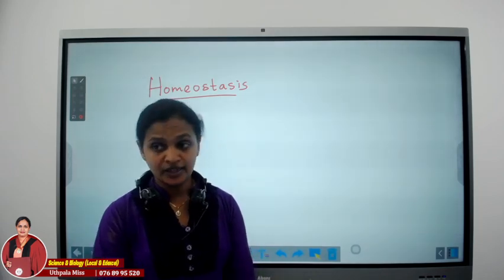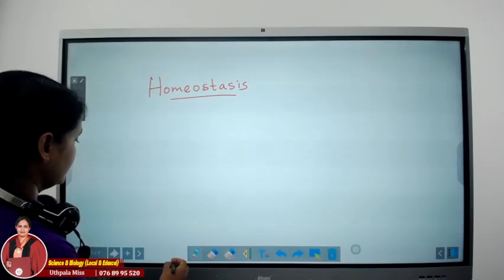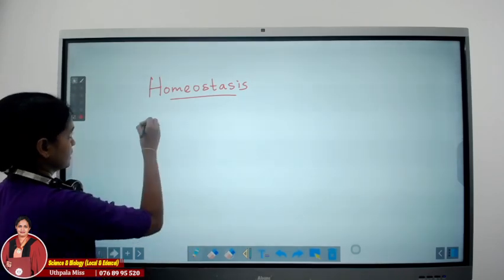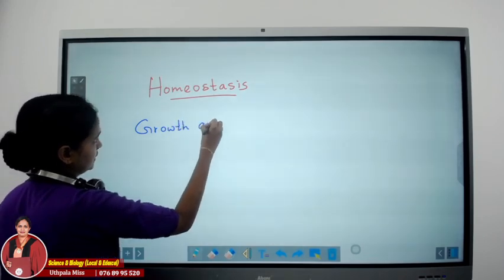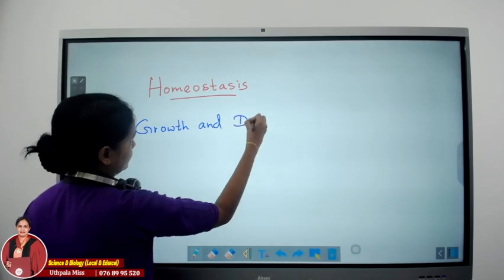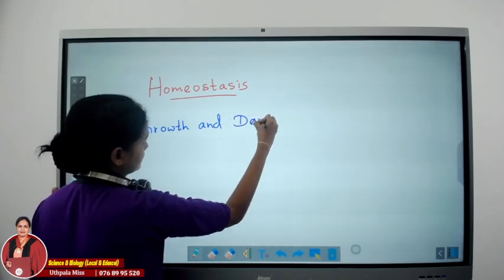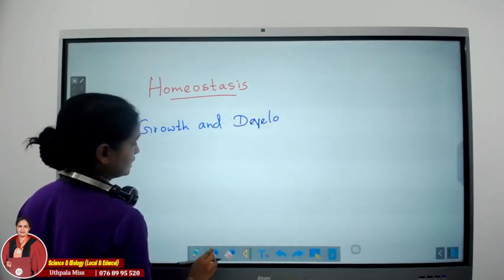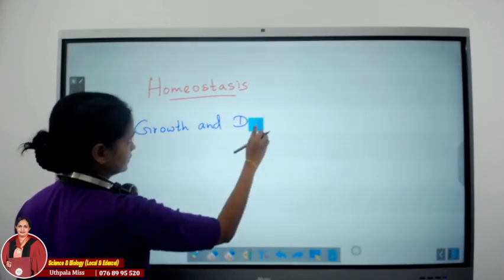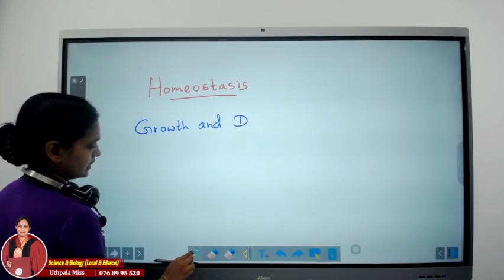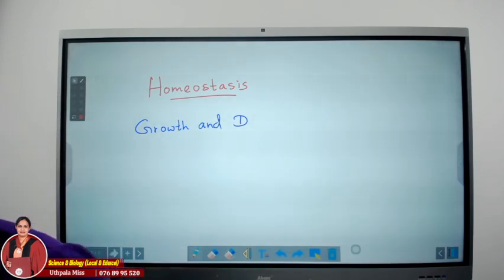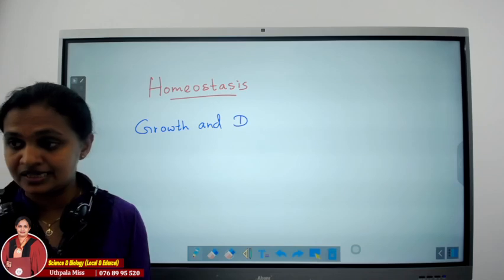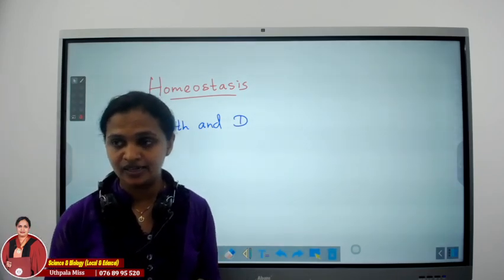Then finally we can mention growth and development. Growth occurs as a result of cell division. There is a single cell, right?